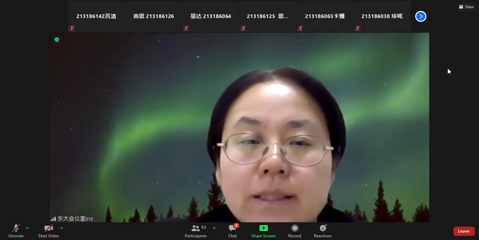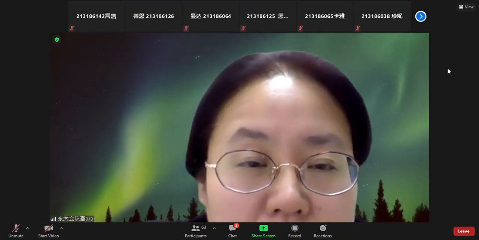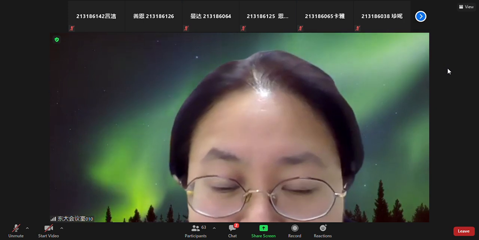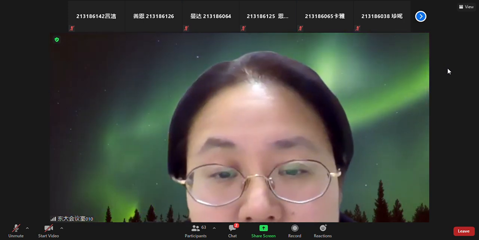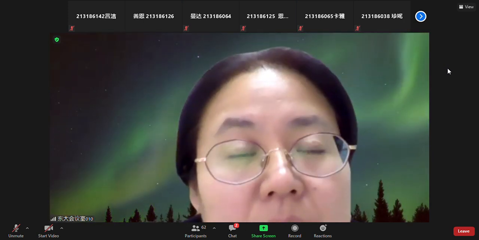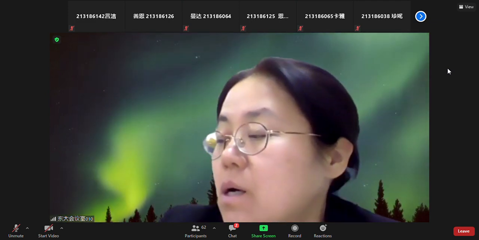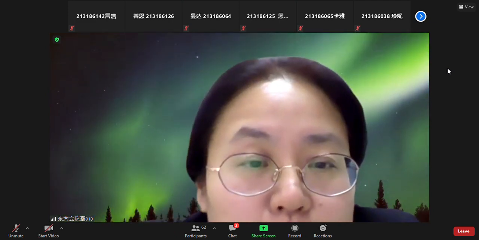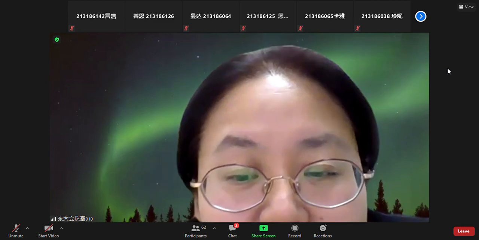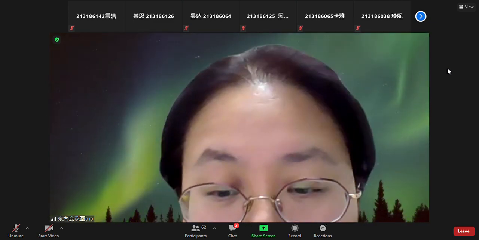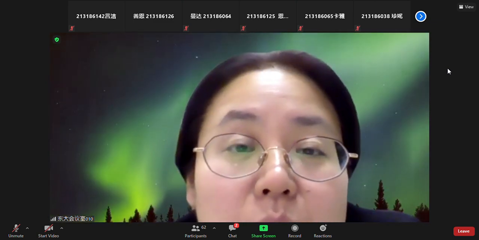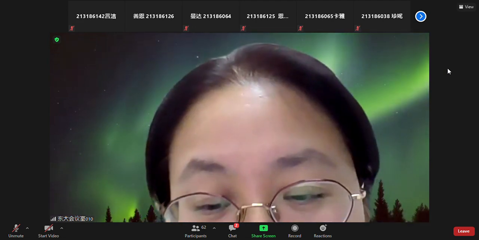Okay. So I get the answer from you in WeChat. In fact, you can answer just directly in the Zoom chatting window. Yeah, you can see your answer in the Zoom chatting window here.